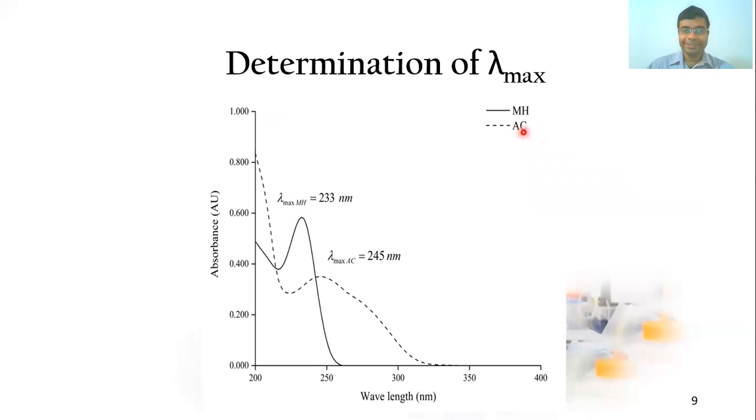But if you look at the AC drug, or atorvastatin calcium, you can see its spectrum in the dotted, or broken line, curve, and its highest absorbance is somewhere around 245 nanometers. Therefore, for the rest of our studies, for each of these drugs, we have to set our instrument to this particular wavelength whenever we are doing the analysis.